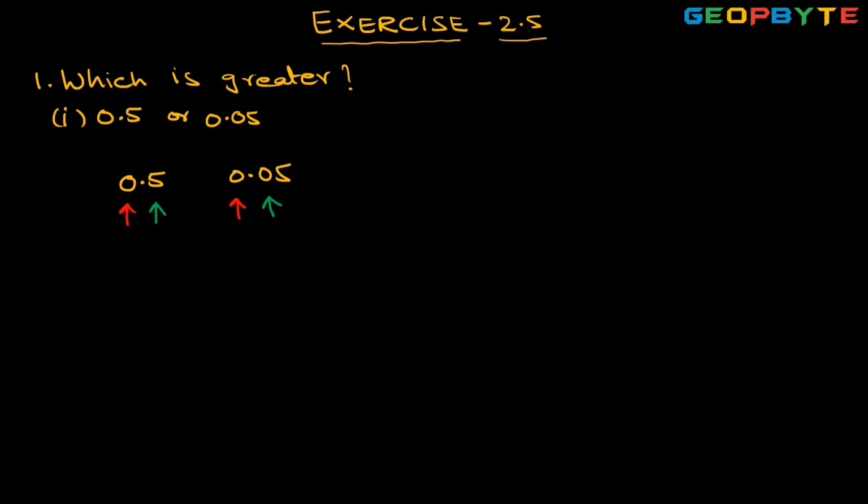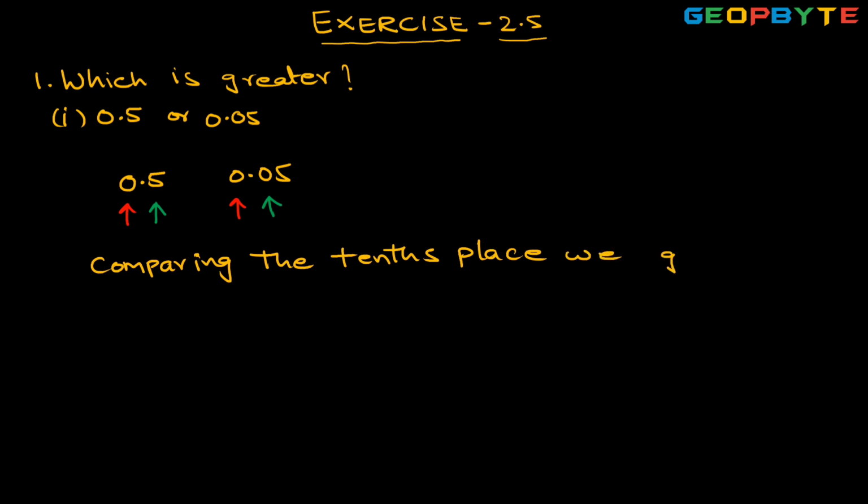So comparing the tenths place, we get 5 greater than 0. Therefore, 0.5 is greater than 0.05.